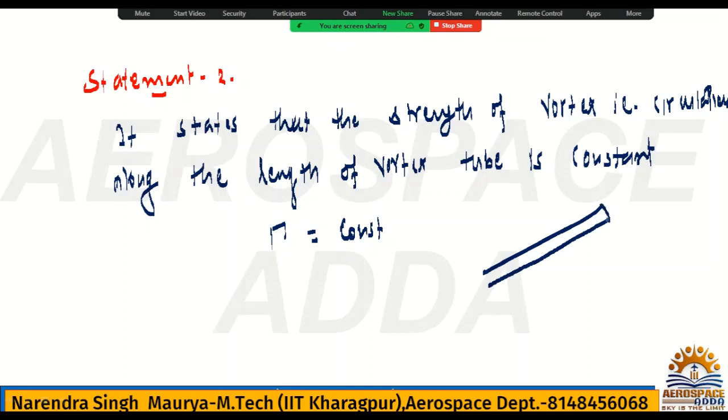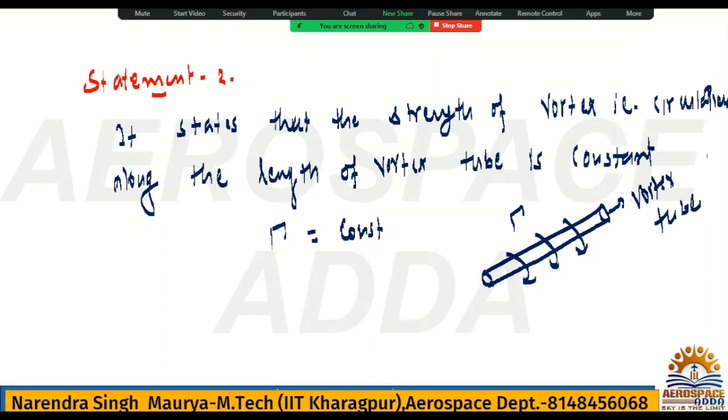Suppose this is the vortex tube. So along the length of vortex tube, this circulation must be constant. That's the meaning of it. Along the length, it is not going to change. That's the meaning of it.